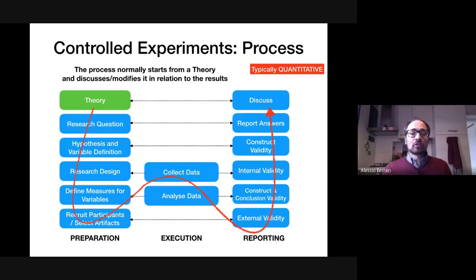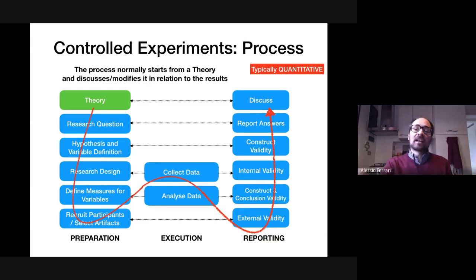That means also selecting how many groups of people I want to involve, and how to map these variables into actual data that I can gather. In the research design, I also define the measures for the different variables. Then I recruit the participants and select artifacts for my experiment, collect data, and analyze data. This is the execution of the experiment.